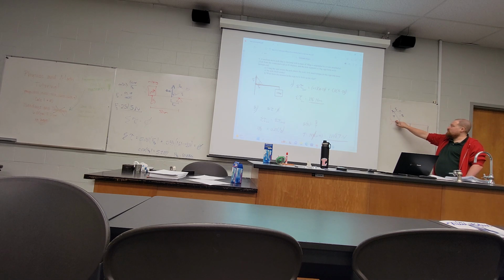And the third force is going to be the tension in this rope. But note the rule, only forces perpendicular to the radius can generate torque. So only the y component of this tension is going to generate any torque.